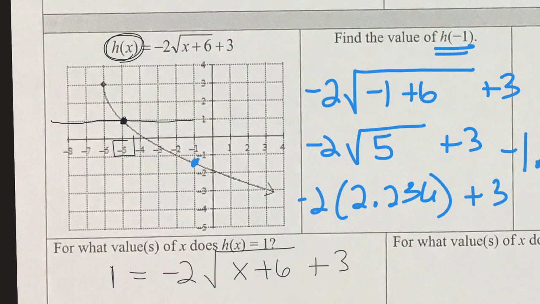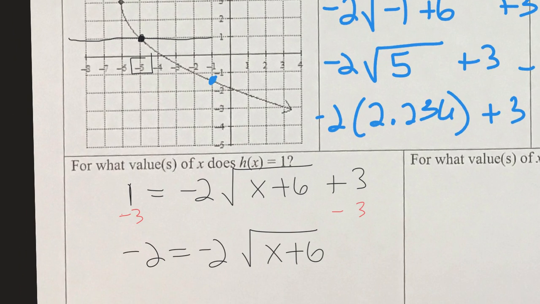Okay, so it's algebra. Subtract 3 from both sides. Negative 2 equals negative 2 root of x plus 6. Okay, divide by negative 2. I get 1 equals the square root of x plus 6.